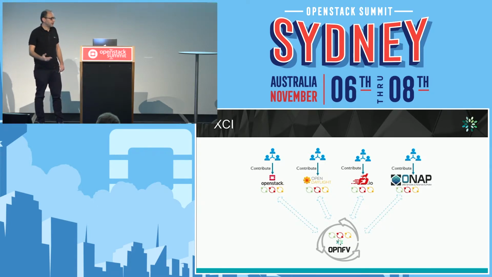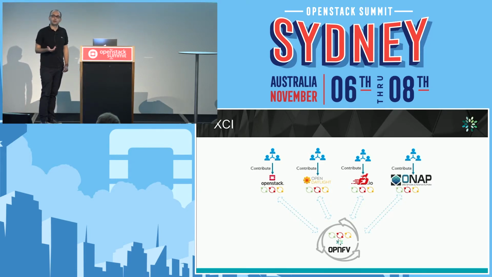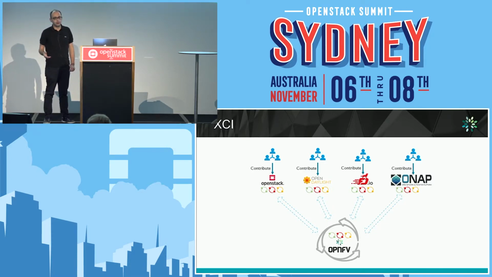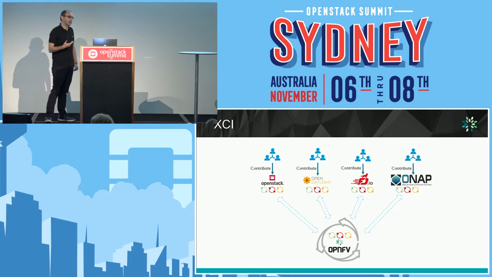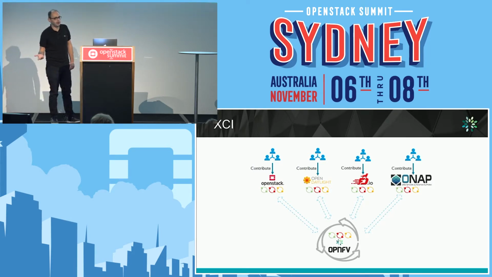Based on this, we started a second track in OPNFV, called the latest track, which will bring down master branches, master versions of all the upstream communities we are working with, put them together and apply the same principles. We create this composed platform, which is OpenStack and Open Daylight, and we run testing against that platform and see what works and what doesn't. This essentially results in much faster feedback.